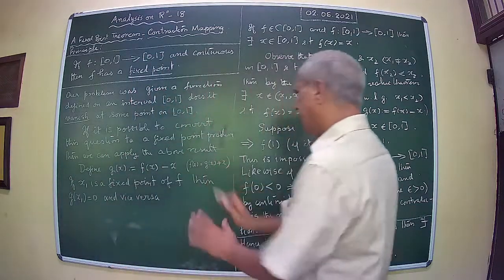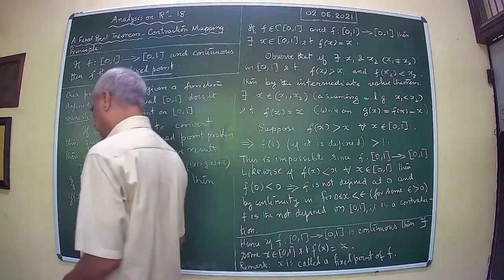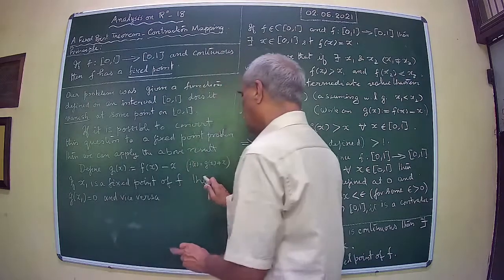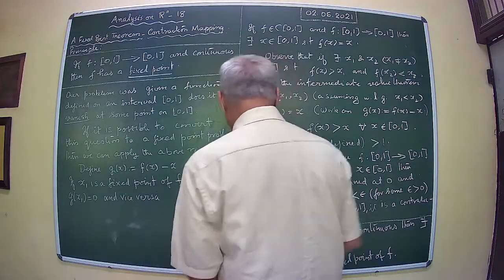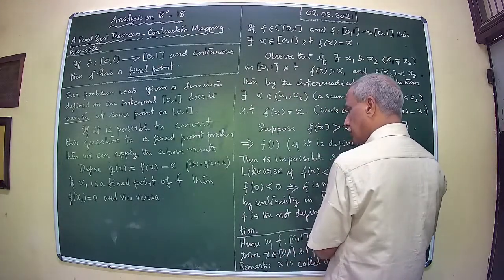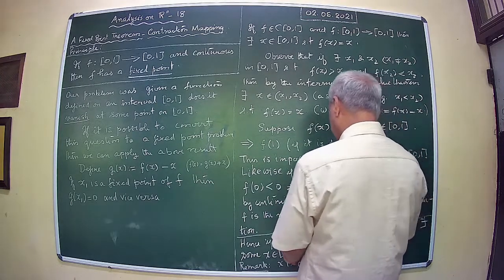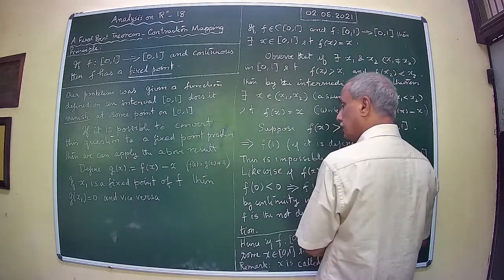There are many ways in which you can do this, and in fact if you want the fixed point theorem to be applicable, then all these conditions will have to be satisfied. That means it should be a map from some interval [a,b] into the same interval.